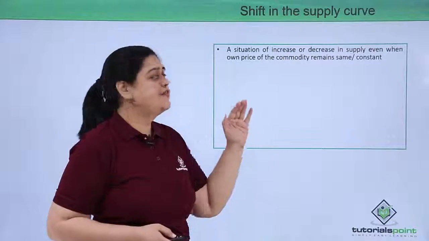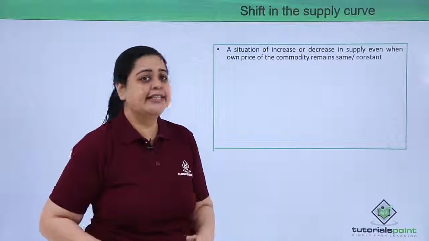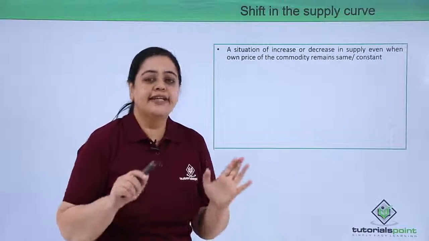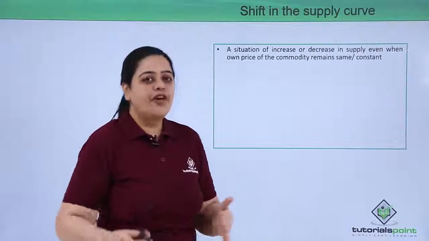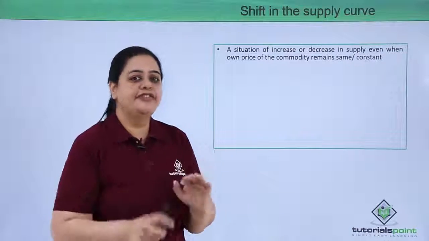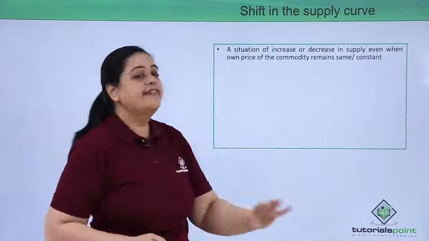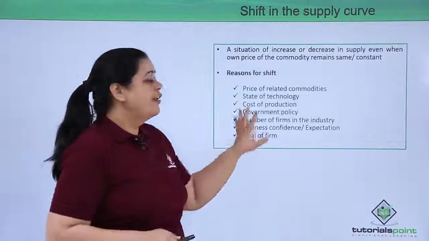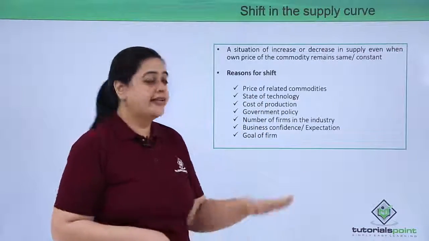This is a situation where there would be an increase or decrease in the supply even when the own price of the commodity is constant. So, if we are talking about wheat, even if the price of the wheat is constant, still we will see an increase or decrease in the supply. What are the reasons for that?